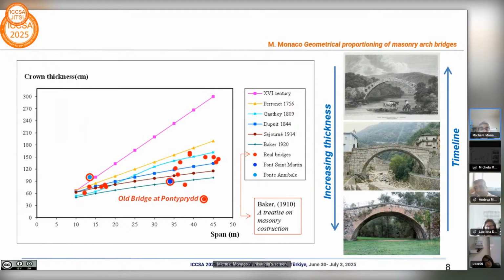So we have to think that Roman engineers designed arch bridges according to the local workmanship and the material availability. So it is impossible to force the proportions they had into relations that do not take into account all the aspects the Roman engineers considered, because workmanship is an essential element of the quality of the bridge.